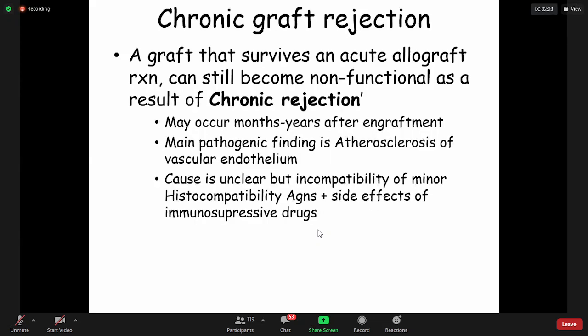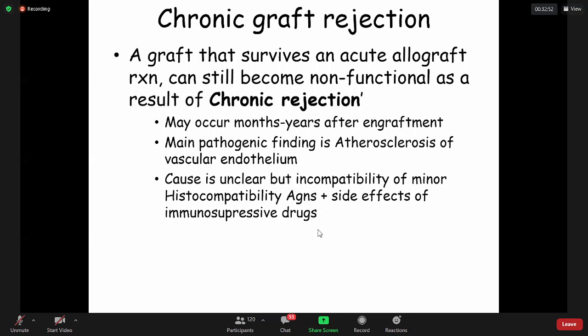Chronic rejection: a graft that survives an acute allograft reaction can still become non-functional as a result of chronic rejection. And this takes months or even years. For many people who have received, for example, kidney transplants, 5 years or so, the graft gets rejected. And it's not a very nice story.